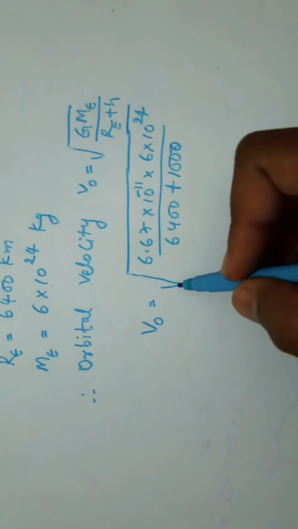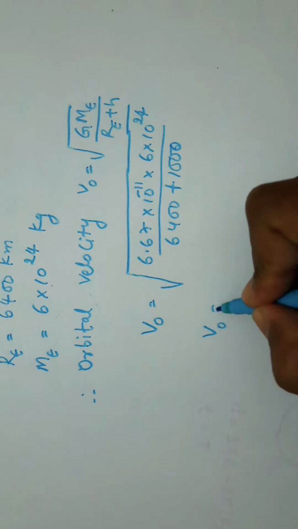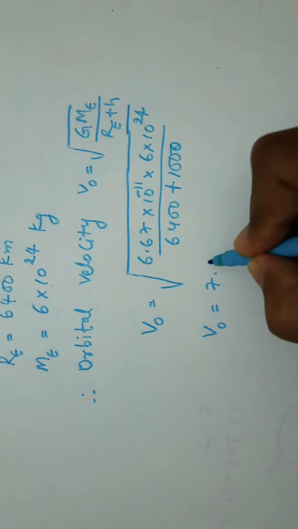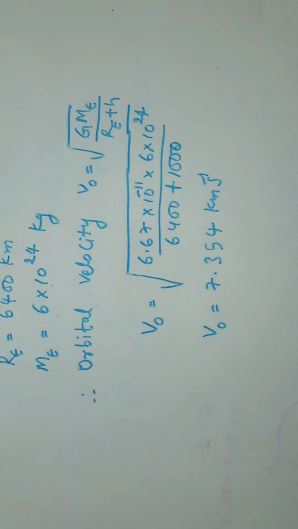Finally, if we simplify this, we get v0 equal to 7.354 km per second.